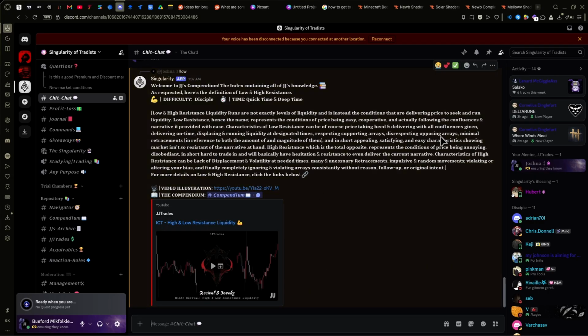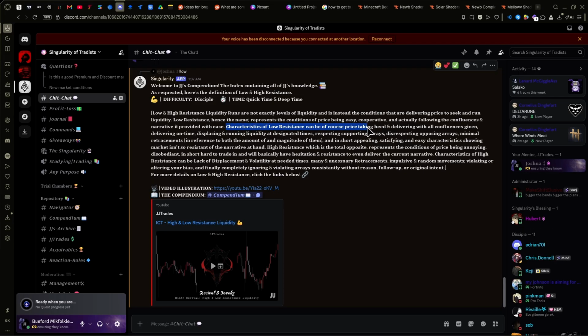Characteristics of low resistance can be, of course, price taking heed and delivering with all confluences given, meaning not being a disobedient piece of crap and not being annoying. Delivering on time, meaning it's following up with time and price. Displacing, keyword displacing, and running liquidity at designated times, basically still delivering on time.